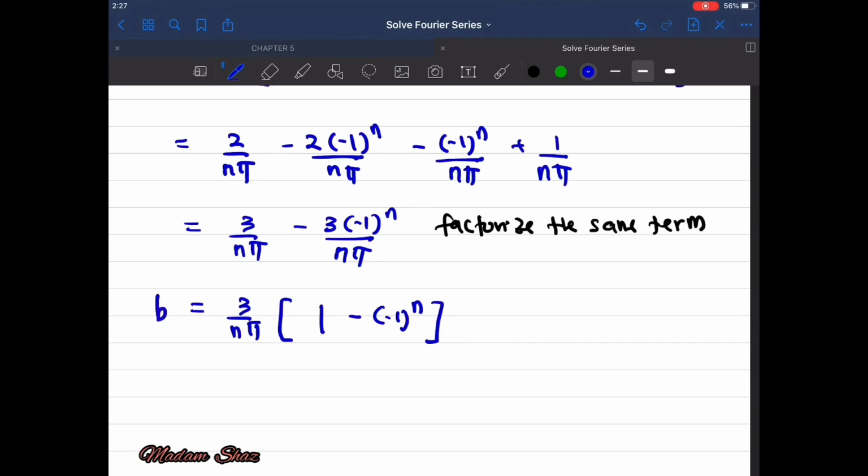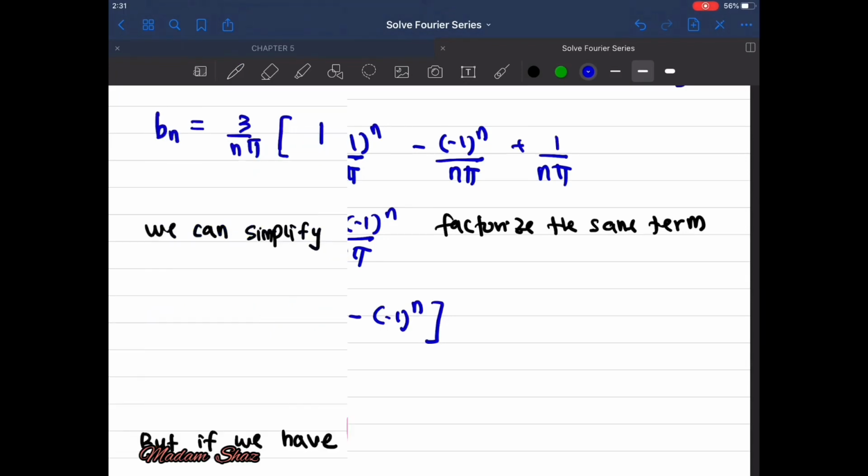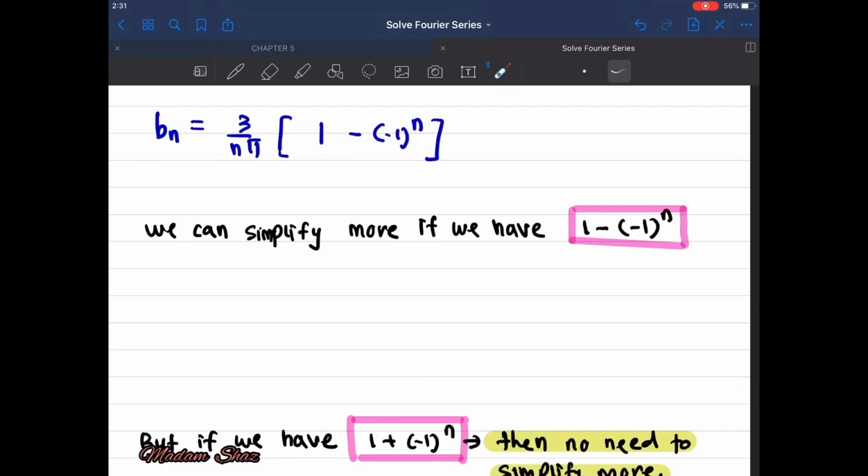So this is the answer for our Bn. For this example, our Bn is equal to 3 over n pi multiply the whole thing with 1 minus negative 1 the power of n. So if we have 1 minus negative 1 the power of n, we can simplify more. So how to simplify more?